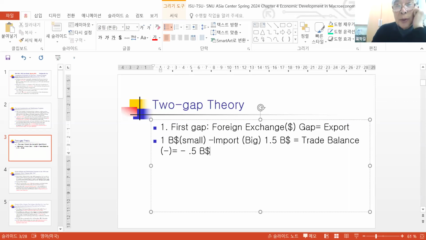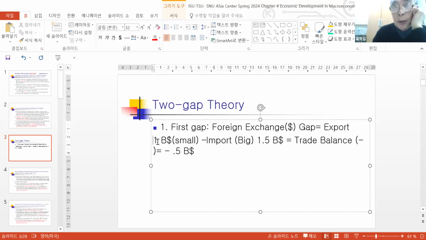So always in many developing countries, this first gap exists, the foreign exchange gap. In other words, they are always in shortage of dollars. Why? They can earn dollars from exporting, but they can only export very little. Their import demand is always big. Therefore, the trade balance is always negative. That we call the first gap.